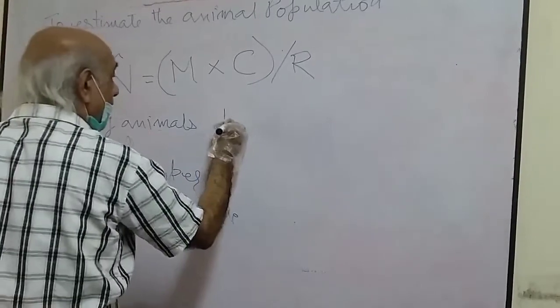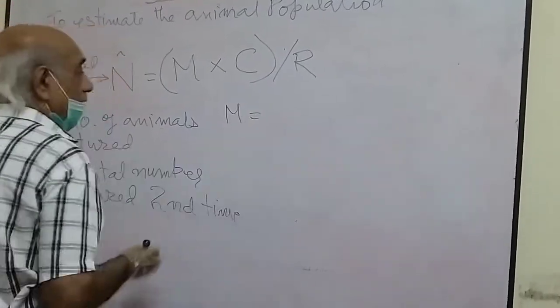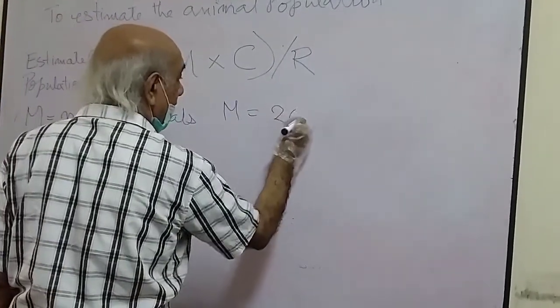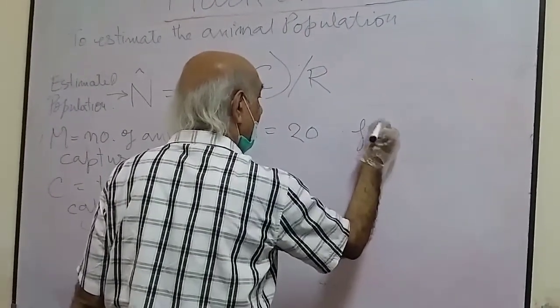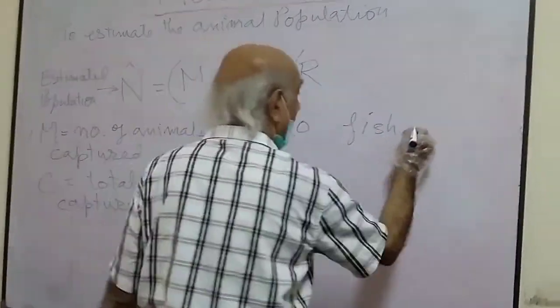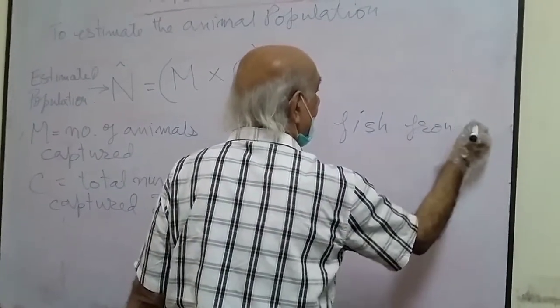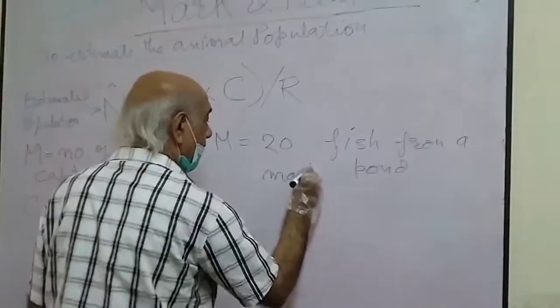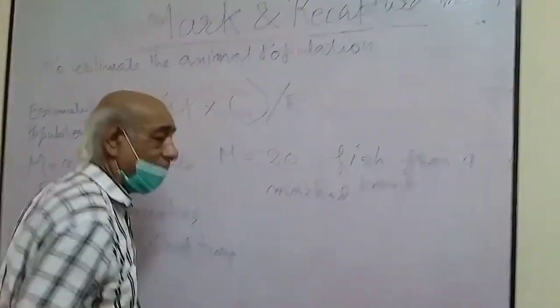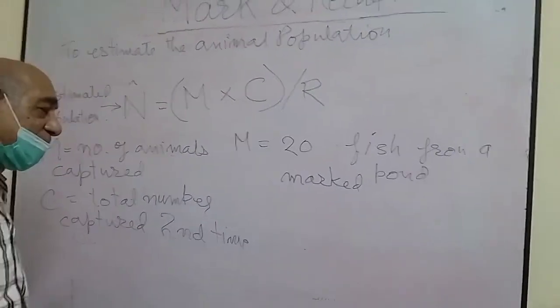Suppose M, the number captured, is 20. Suppose we are working on fish from a pond. Using fluorescent paint or some other thing, they can be marked.